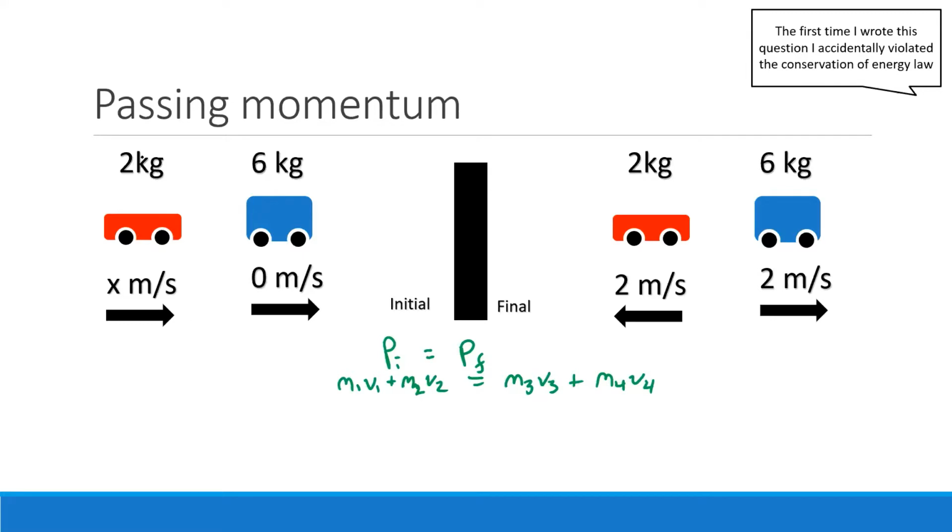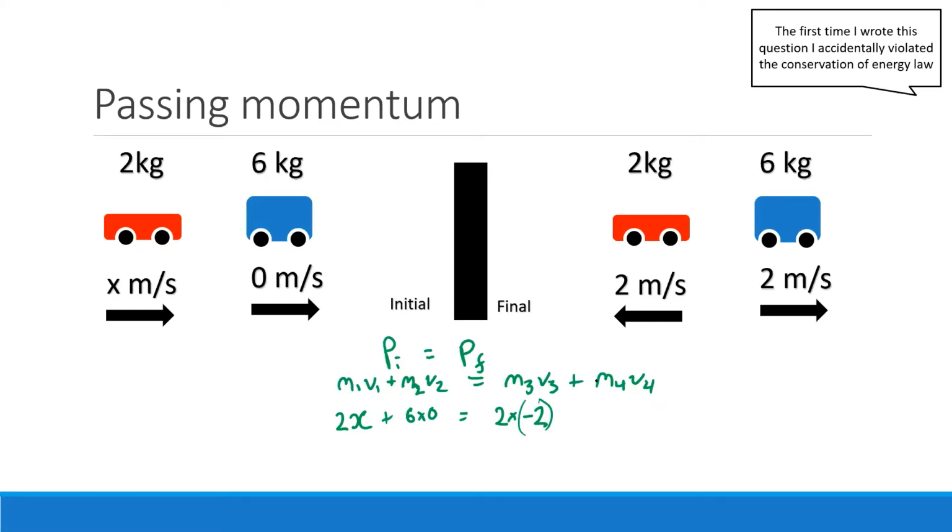So let's look at this. We've got 2 times x to be our first one, so 2x plus 6 times 0 equals, in this case, we've got 2 times negative 2.